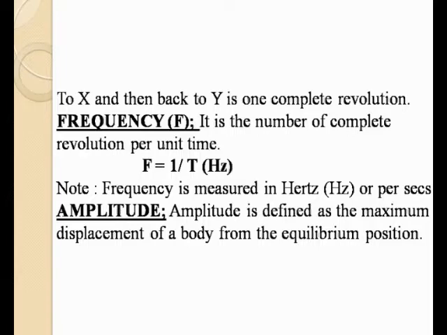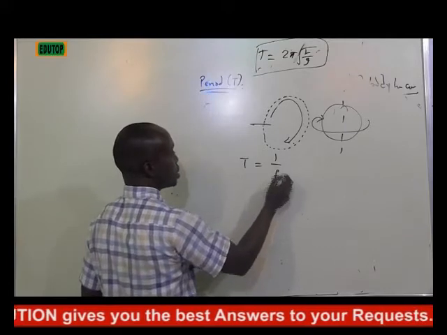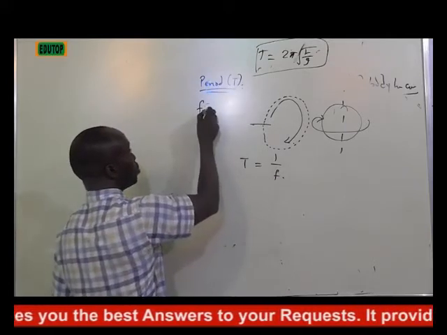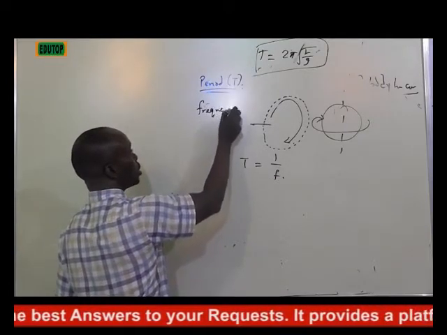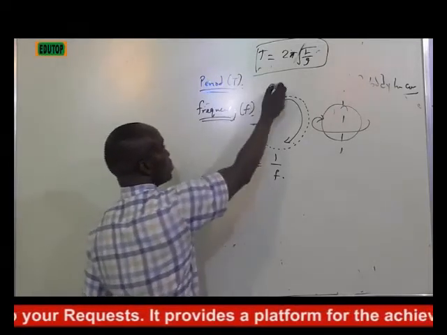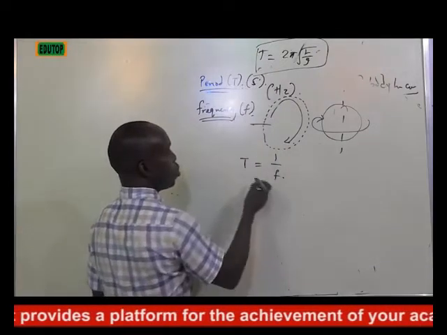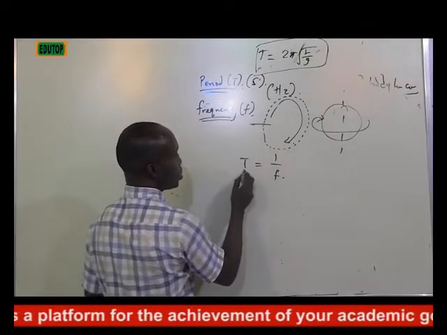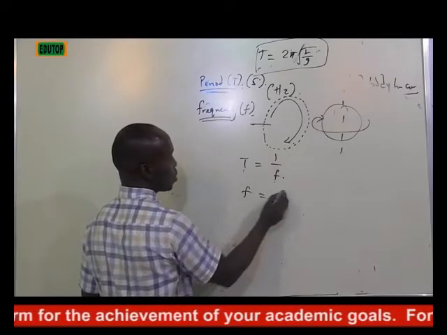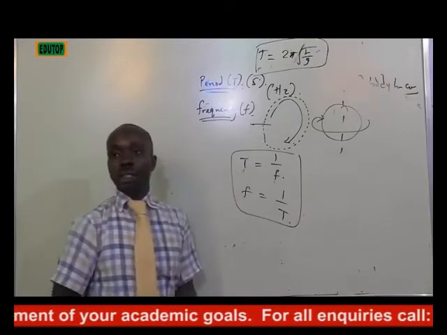So they are inversely proportional to each other, meaning that period T is the inverse of frequency F. Frequency is measured in per second, period is measured in seconds. So the inverse of period is frequency, and the inverse of frequency is your period. So these are the two formulas relating period and frequency.